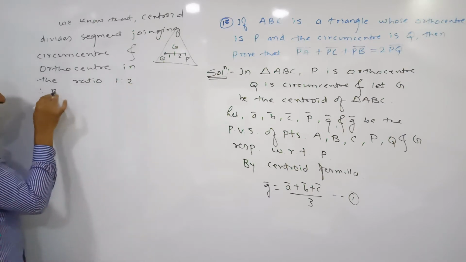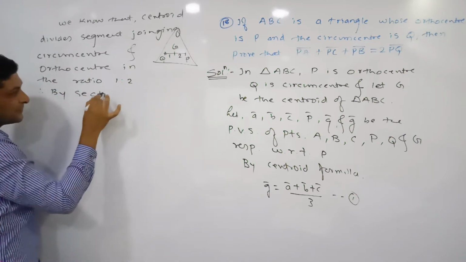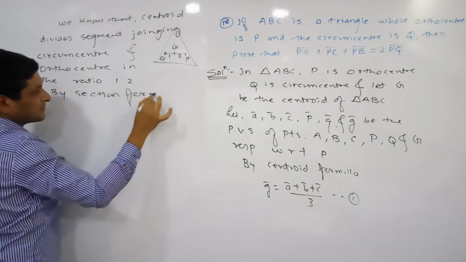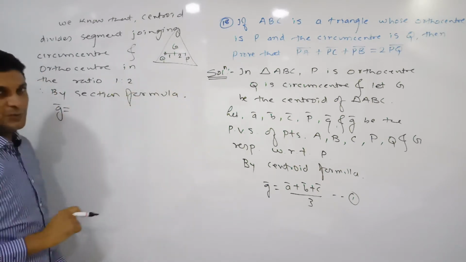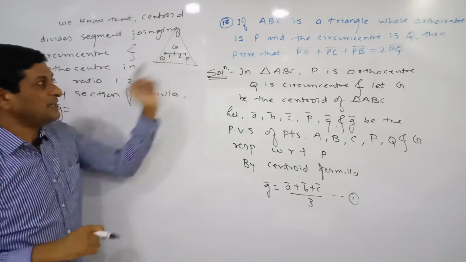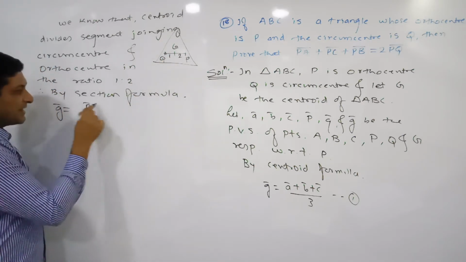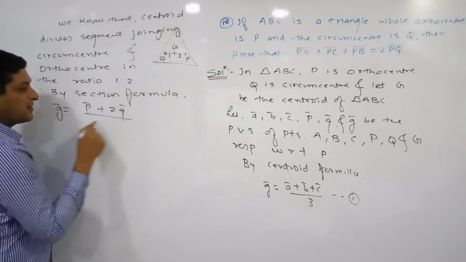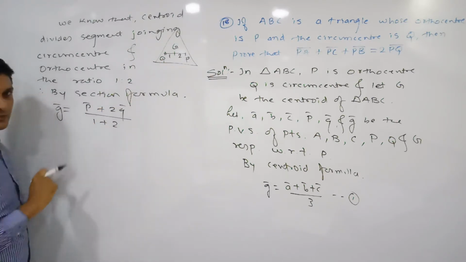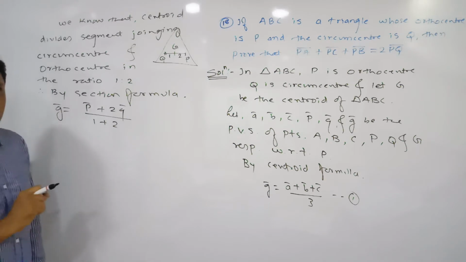So by the section formula, let us see what result we will get here. G bar will be equal to 1 into P bar, that is P bar, plus 2 into Q bar, that is 2Q bar, upon 1 plus 2, isn't it? We have just applied the section formula here.